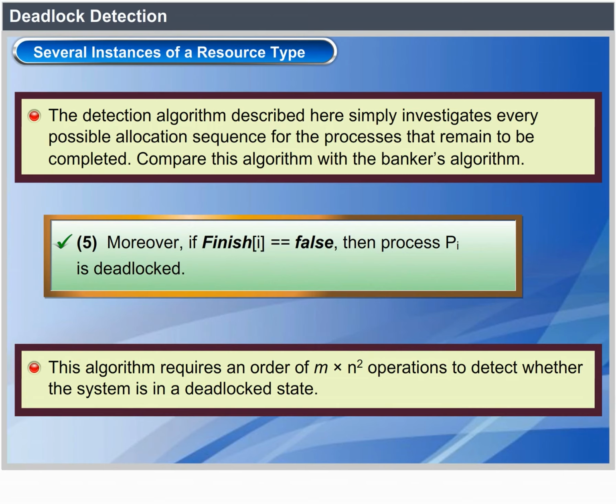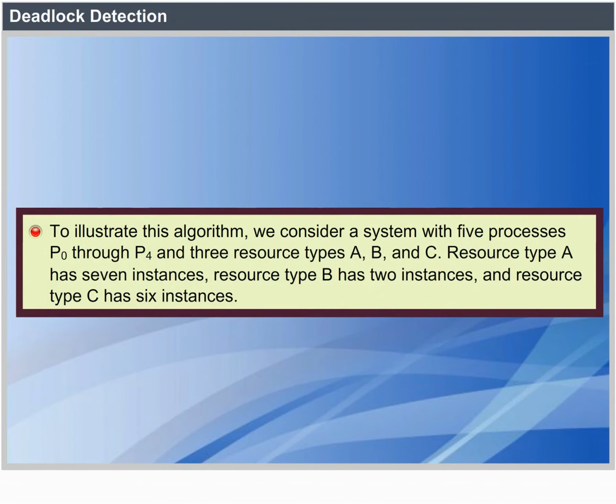To illustrate this algorithm, we consider a system with 5 processes P0 through P4 and 3 resource types A, B, and C. Resource type A has 7 instances, resource type B has 2 instances, and resource type C has 6 instances.